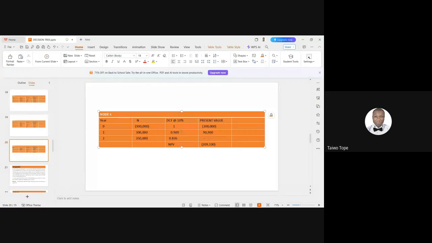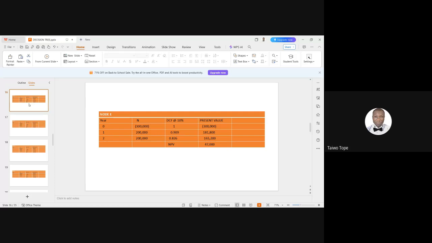These are inflows. Now this will be what? 272,700. And this will be 289,100. And overall, the NPV will be what? 261,800.